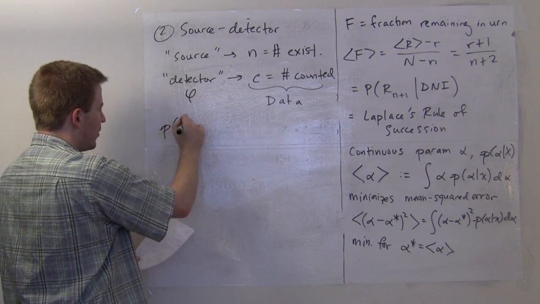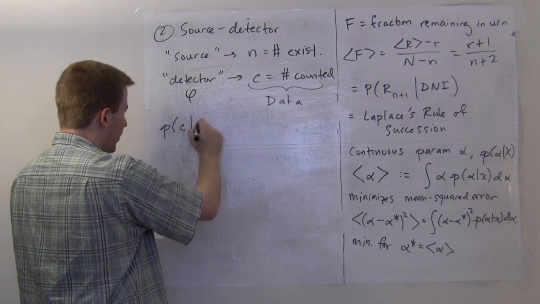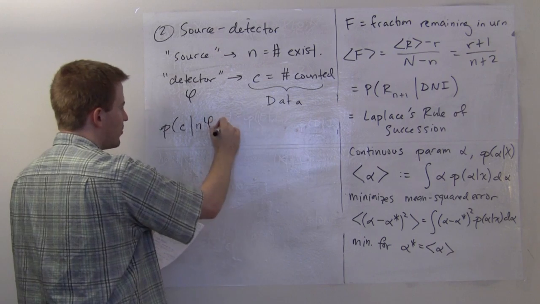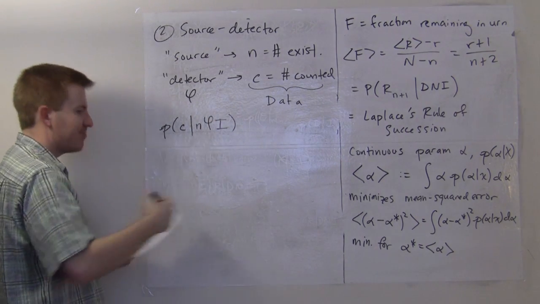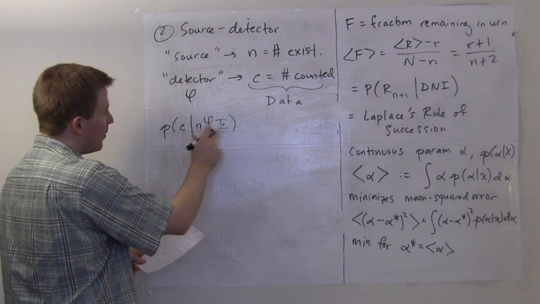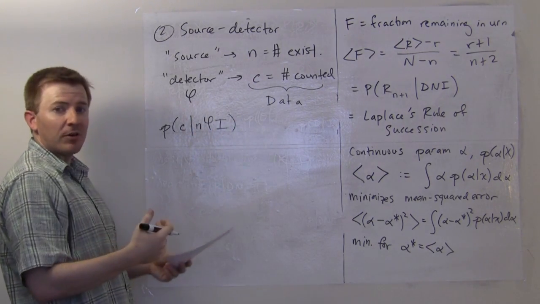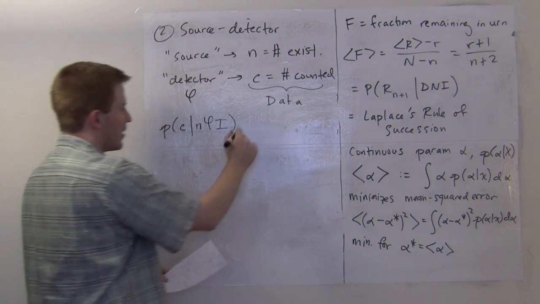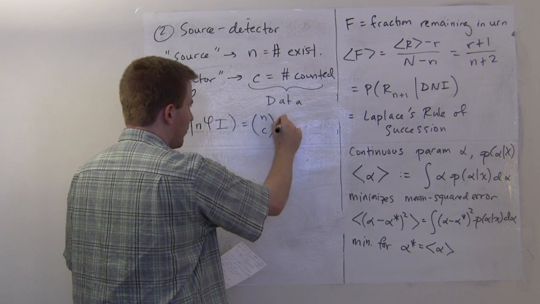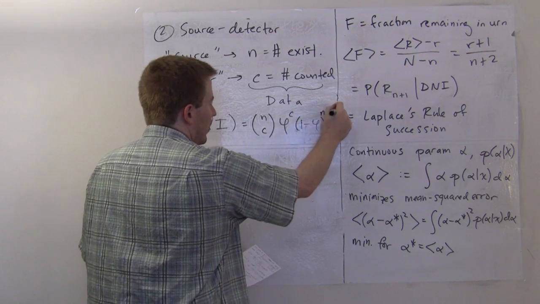So if we assume that there were n things in existence, and we know the efficiency of the counter, so we know this number phi, it's given to us as a property of the counter, the probability of getting c out of n is just going to be a binomial coefficient with this success probability. So it's going to be the binomial coefficient n choose c, times phi to the cth power, times 1 minus phi to the n minus c.